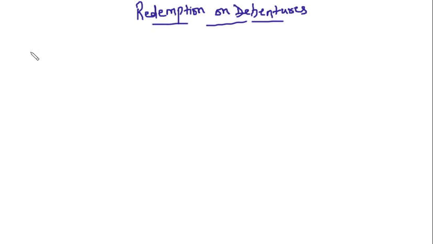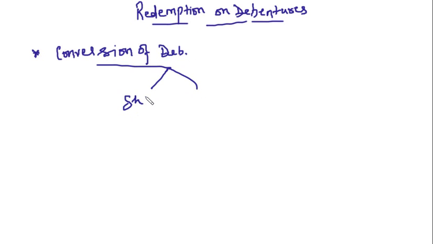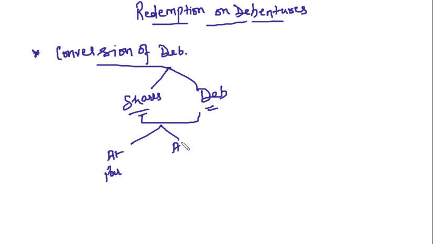Now from the last few lectures we have been studying redemption of debentures by conversion of debentures into either shares or new debentures, right? Then we discussed issue at par or at premium, and these new debentures can be issued at discount also.